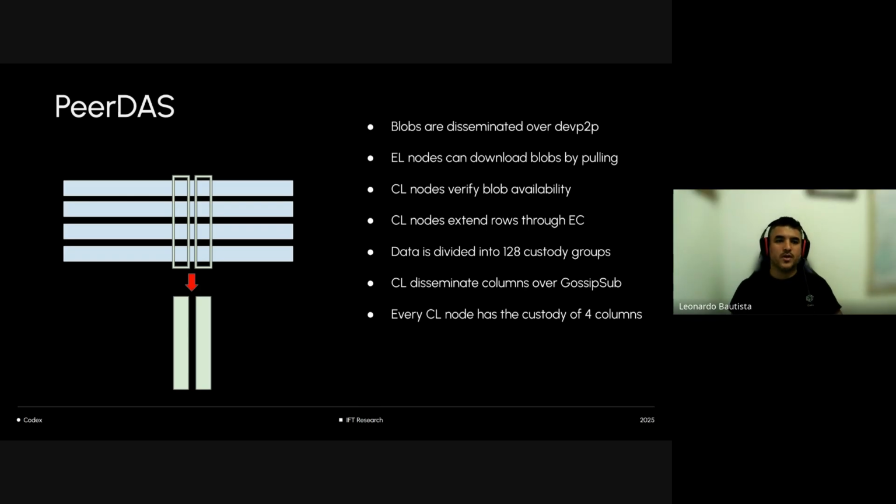Yeah, that's right. At this moment, what is used on the execution layer network to disseminate full blobs is devp2p, and I think that's working quite well there. But from the execution layer client to the consensus layer client, with this proposal, you don't need to send anything over the network. You just get it locally, and then you disseminate partial columns over gossip sub.